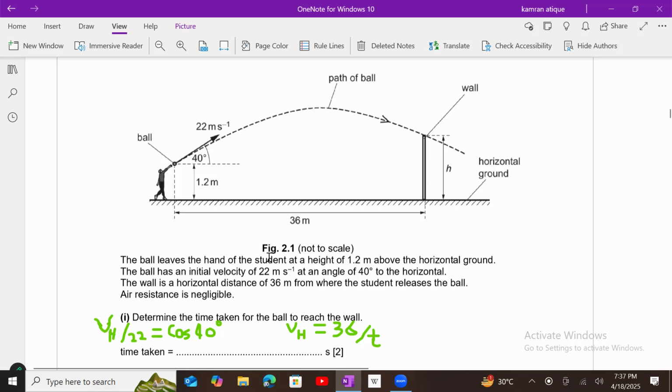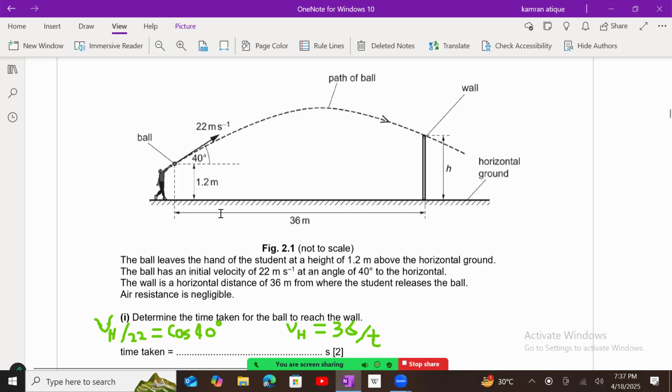First of all, the examiner is saying the ball leaves the hand of the student at a height of 1.2 meters above the horizontal ground. The ball has an initial velocity of 22 meters per second at an angle of 40 degrees to the horizontal. The ball is a horizontal distance of 36 meters from where the student releases the ball.